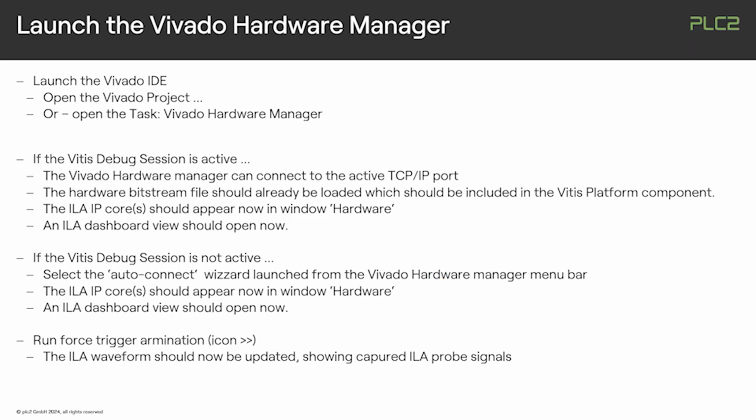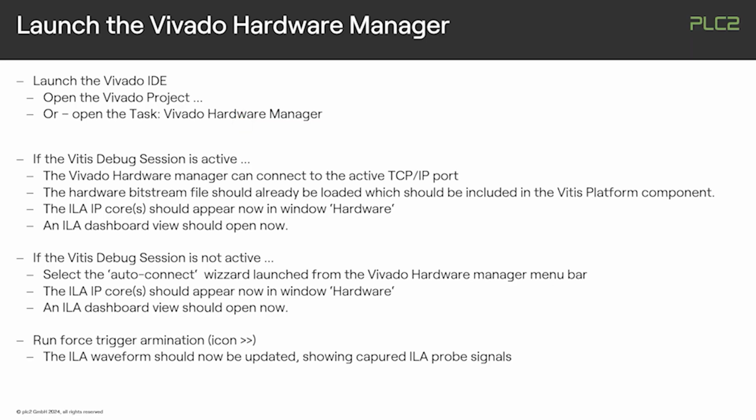If you would like to do this on the script-based side, it is also possible. So for example, a command like connect opens a Vivado hardware manager, but it will also allow you to connect if this is already opened, because perhaps you have launched this already from the Vivado context.